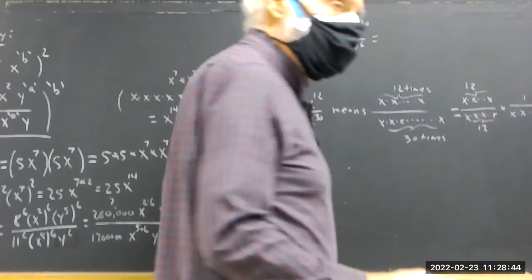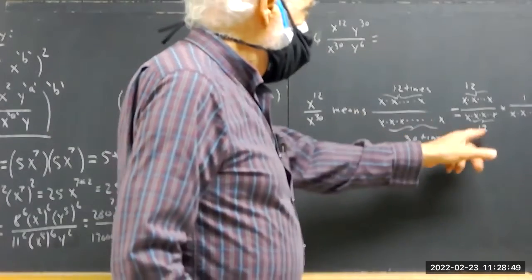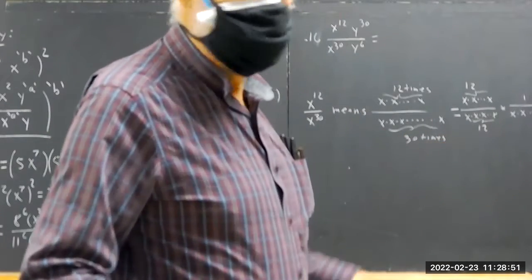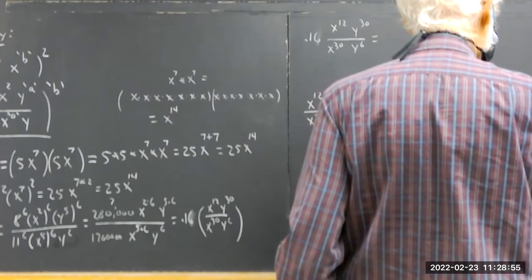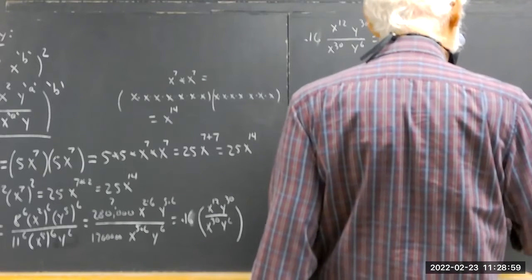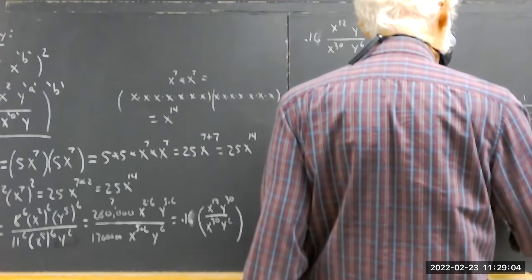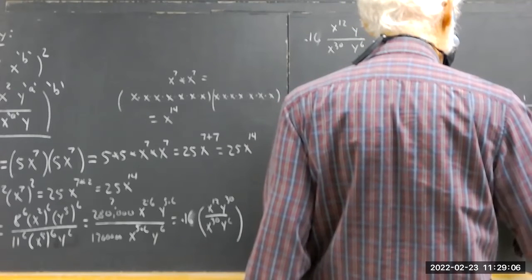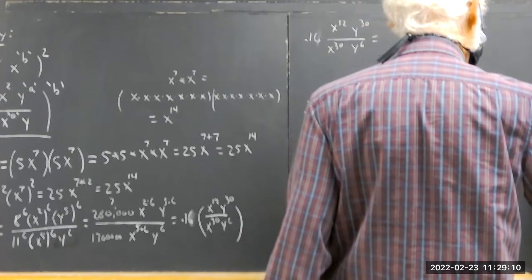And how many of these are there? 18, right? Because there were 30 and I put 12 of them here. Well, that doesn't take too much thought. Okay. And that, of course, equals just 1 over 18 of them, which is 1 over x to the 18th.